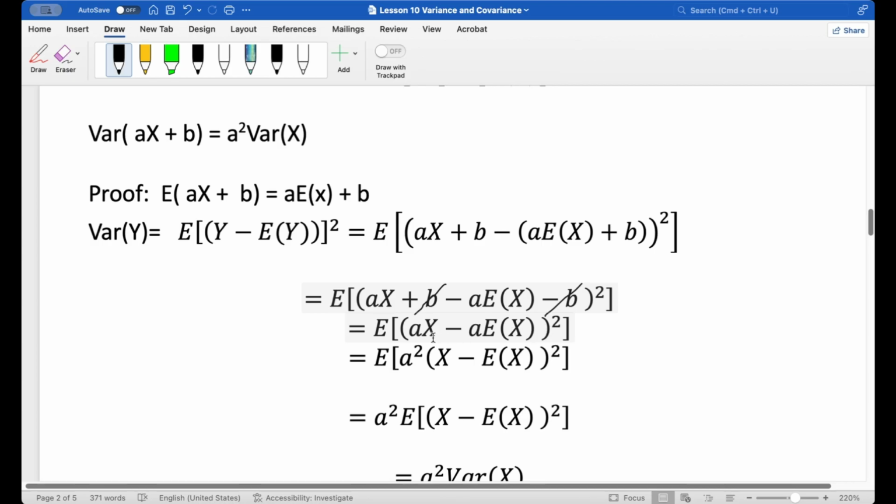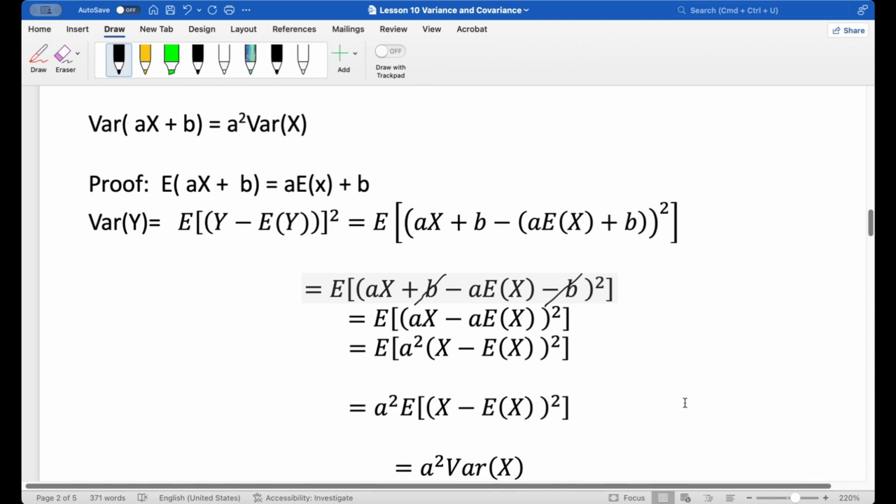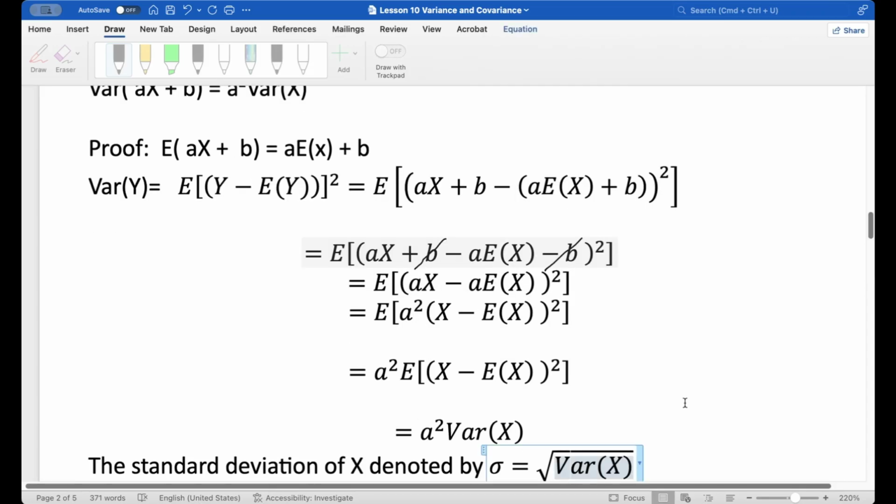We can factor out an a, and then factoring out of the square, it's a squared times x minus E of x squared. Again, we can factor the constant in front of the expected value, so we're left with a squared out front, and then the expected value of x minus E of x squared. But this is the definition of variance. This is the variance of x. And so we do get a squared times the variance of x, which we wanted to show.